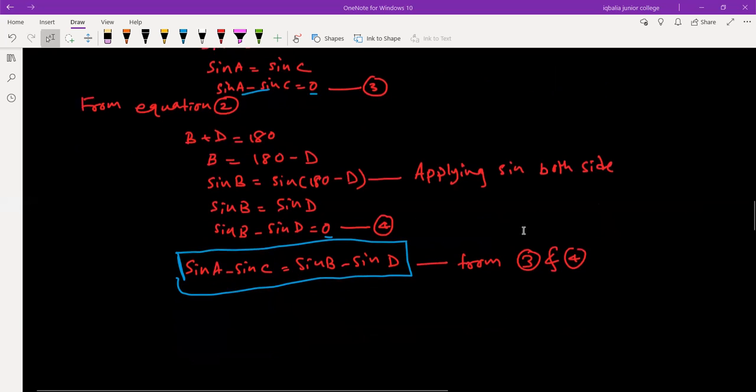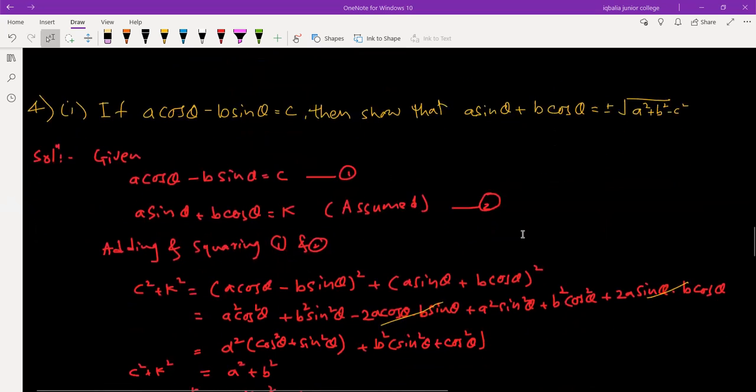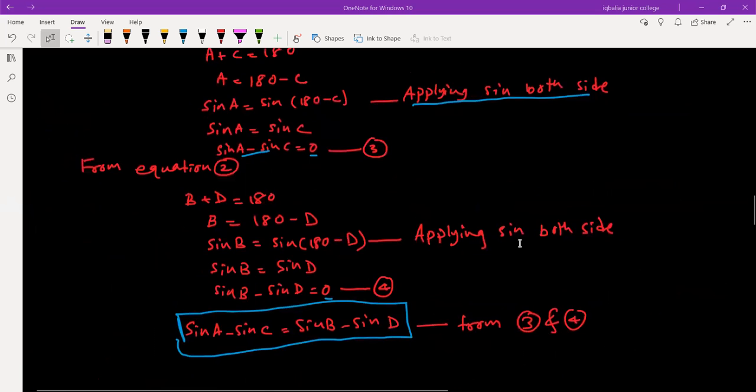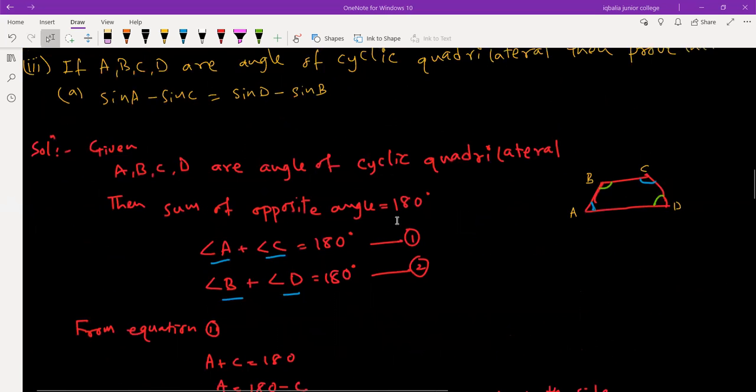Okay, so here we are going to move to our next question. The next question is, see the second part of this question, that is B, is homework.